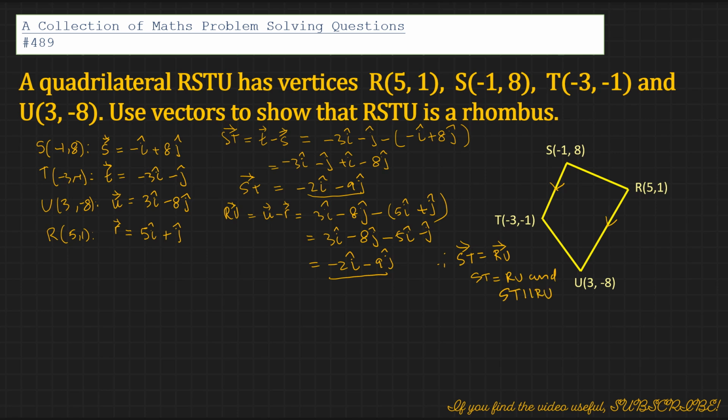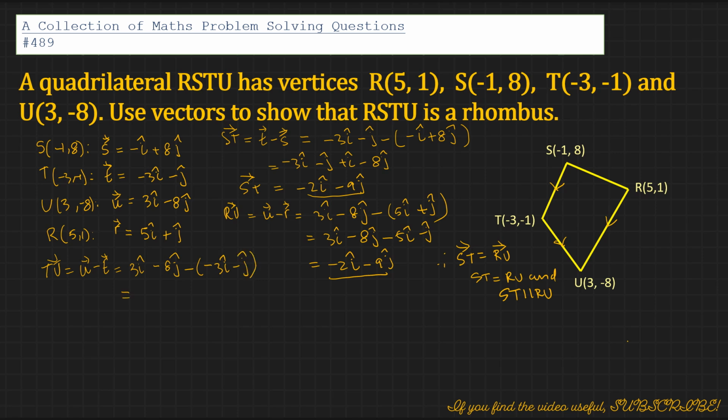Then we have to do TU. TU would be U minus T. U is 3i minus 8j, and minus T is minus of (-3i minus j).